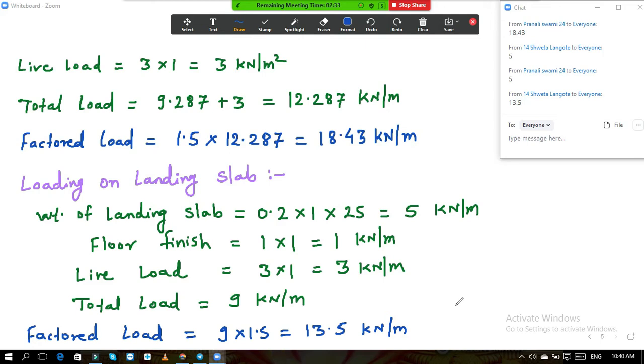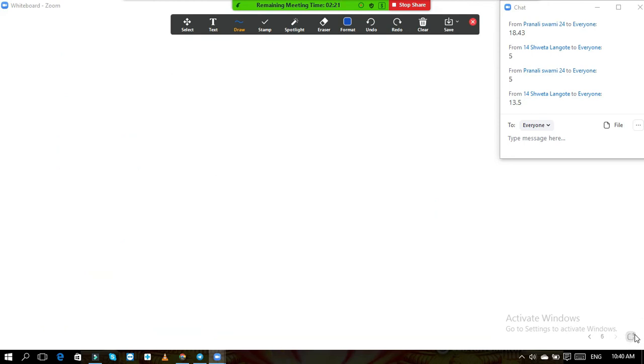Now after getting both the loads, we will calculate the maximum bending moment. So here I will draw the diagram now.